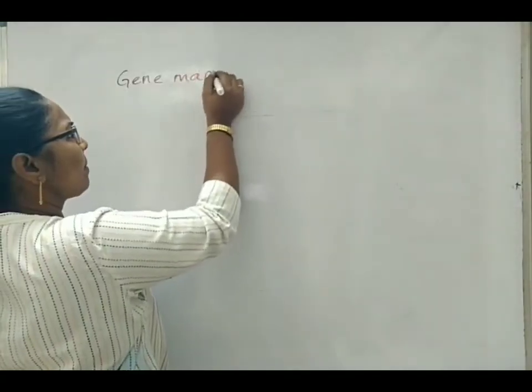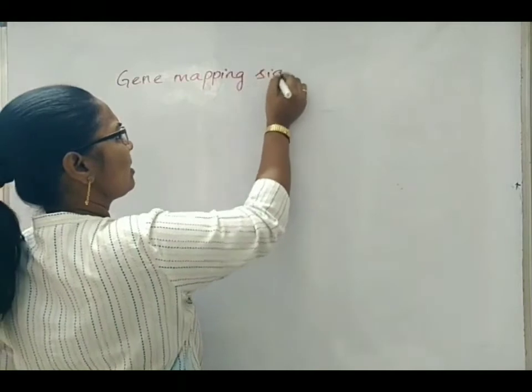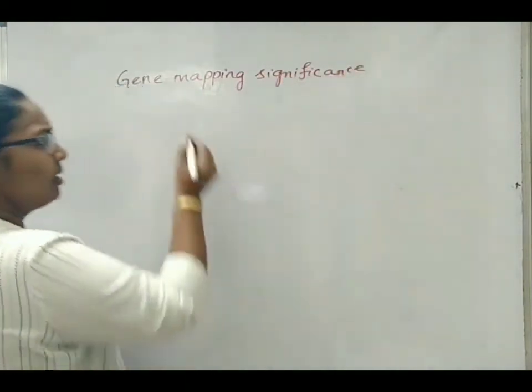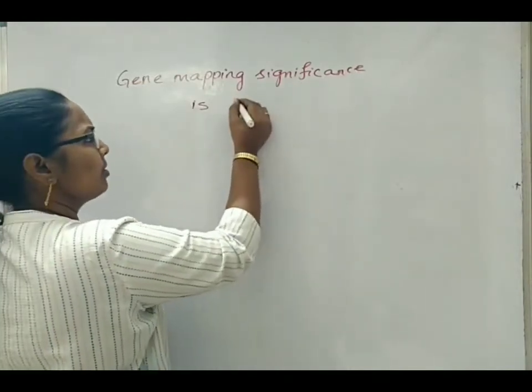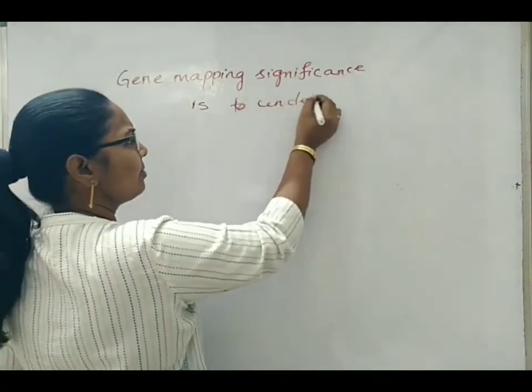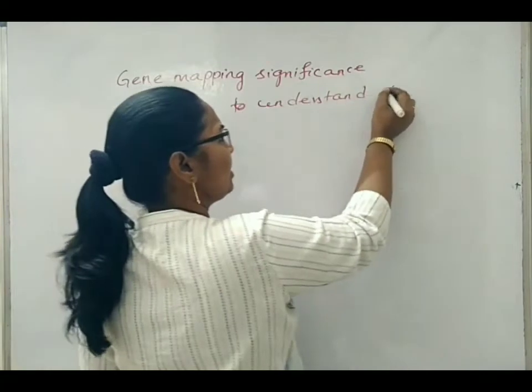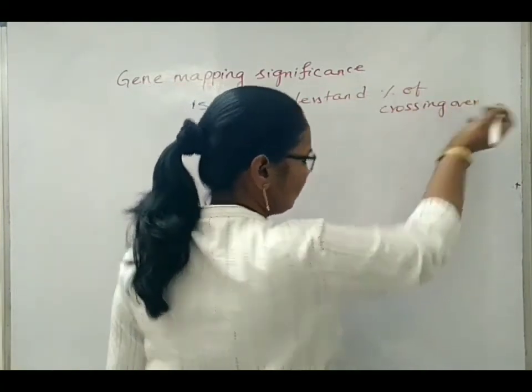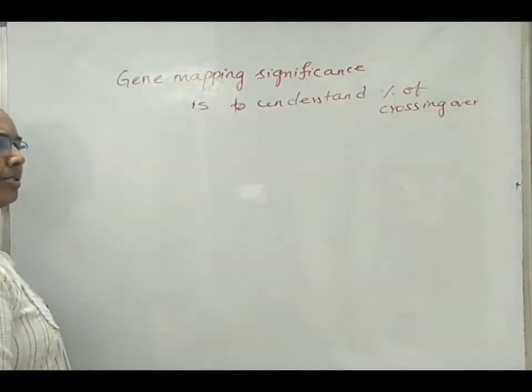Mapping significance. Gene mapping significance is to understand the percentage of crossing over, and also genetic complexity.